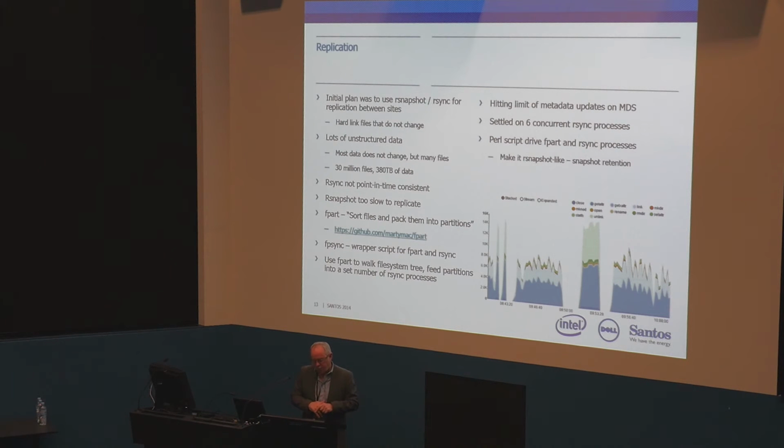And that improved performance quite a bit. So there was a lot of tuning that the Santos engineering team came up with to work out the ideal number of replication servers and processors. It settled at around 6 concurrent processors, which gave the best combination of moving the data and still not hammering the metadata server.